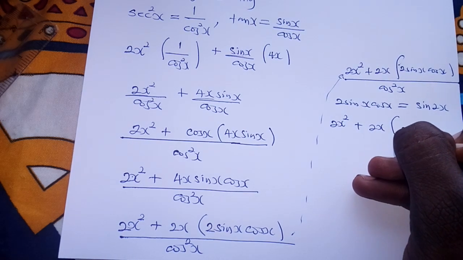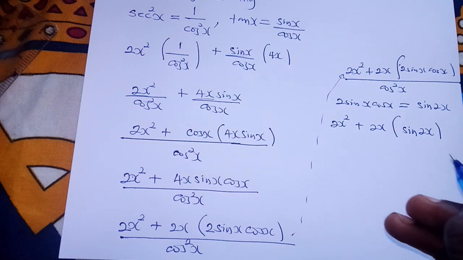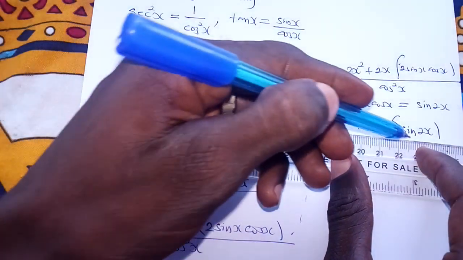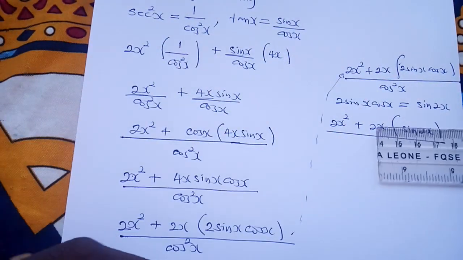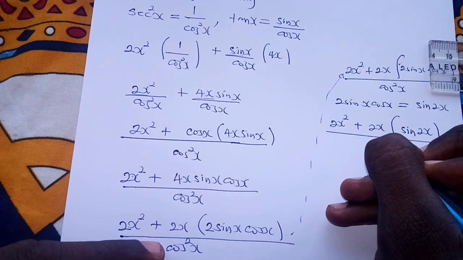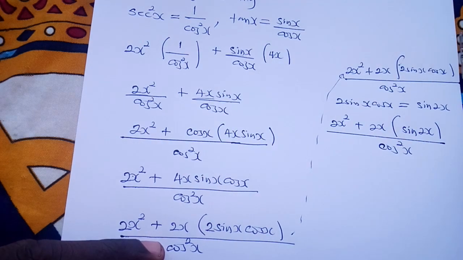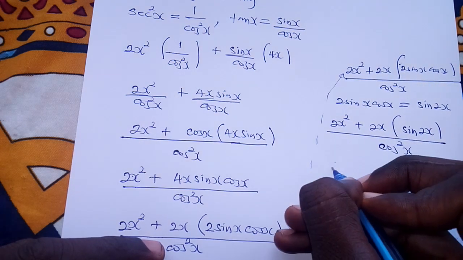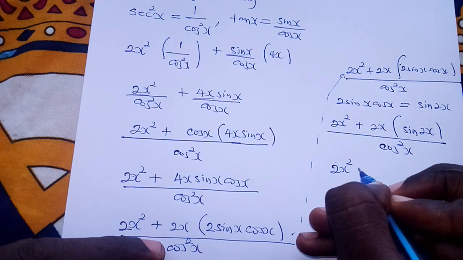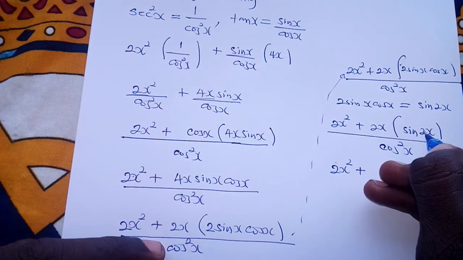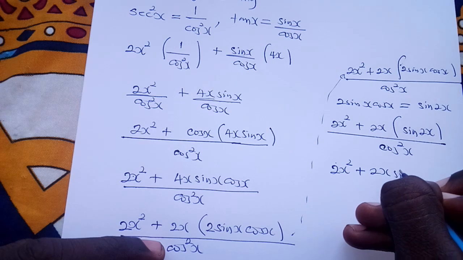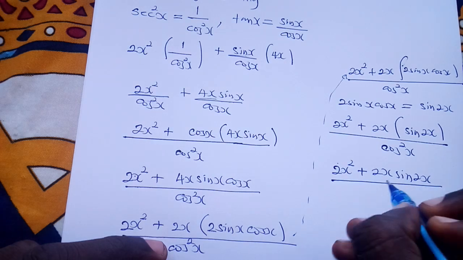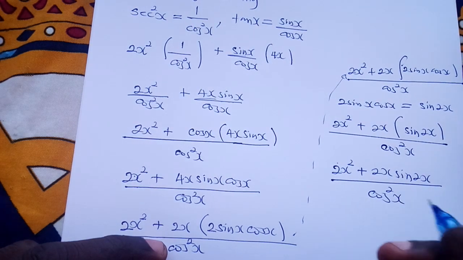Then we divide everything by cos square x. From this point, let's multiply. We have 2x square plus 2x times this, you're going to have 2x sin 2x. Then we divide everything by cos square x.